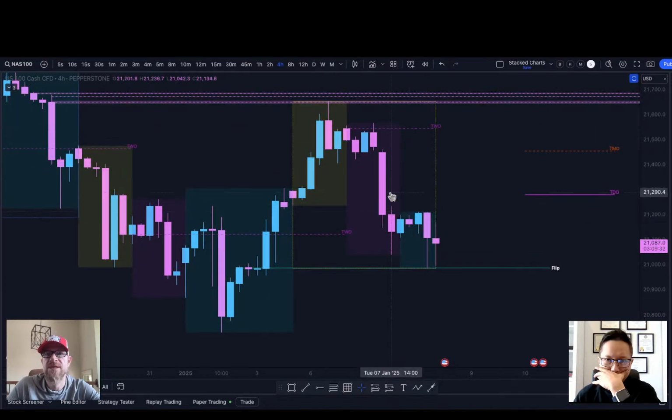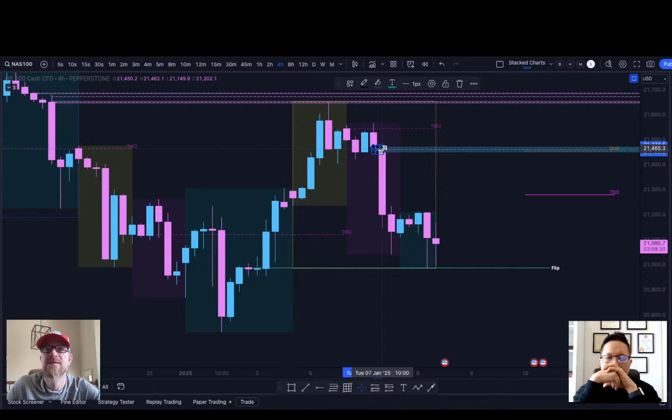I mean, all of it's just setting up inducement, right? This was our yesterday 10 a.m. gap, I think. Yeah. Remember when 10 o'clock opened, it opened up with that gap.